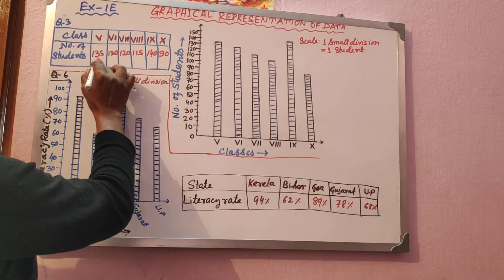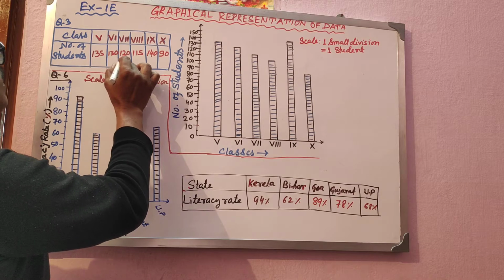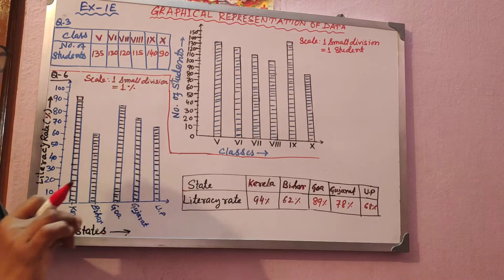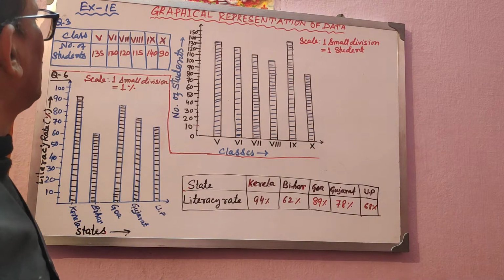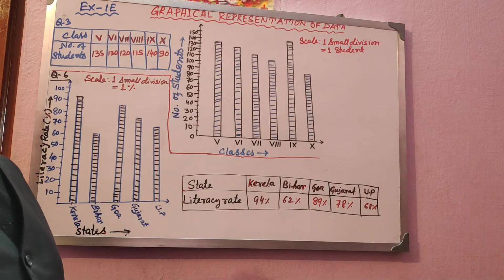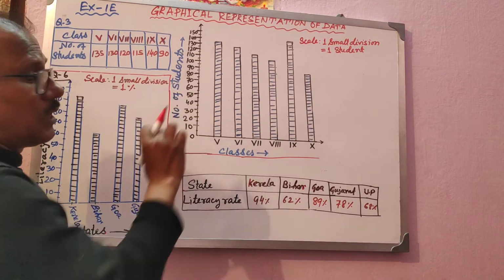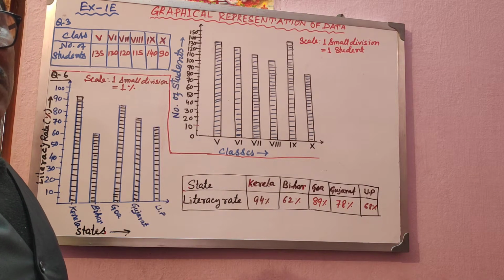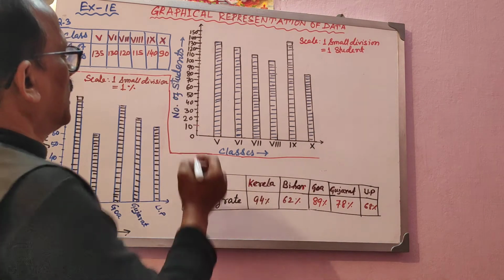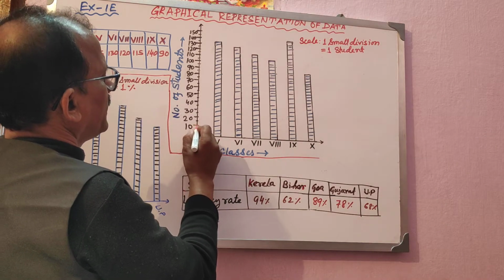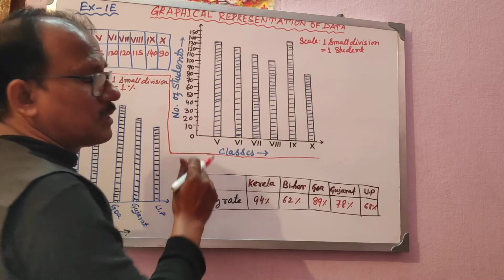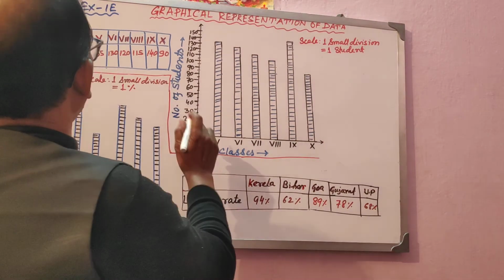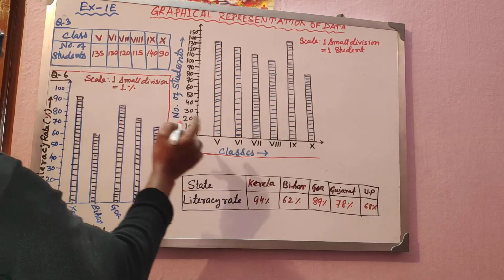See, here it is 135, 130, 120, 115. It is 5. If you keep small division as 5 only, then only you can draw a proper scale on this. So every 10 division I have taken as 10 only. That means one small division represents one student.